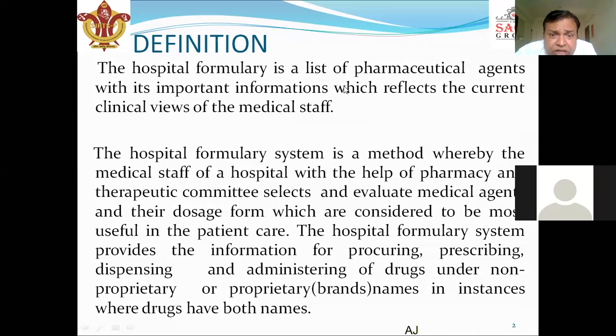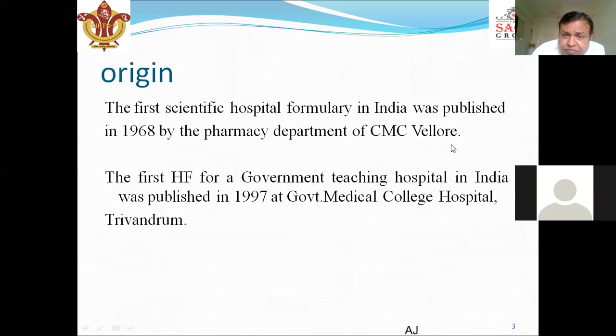So hospital formulary is a very important list of devices and pharmaceutical preparations that are commonly and frequently used in a hospital. You must remember this thing. In hospital formulary, a number of life-saving medicines are included.